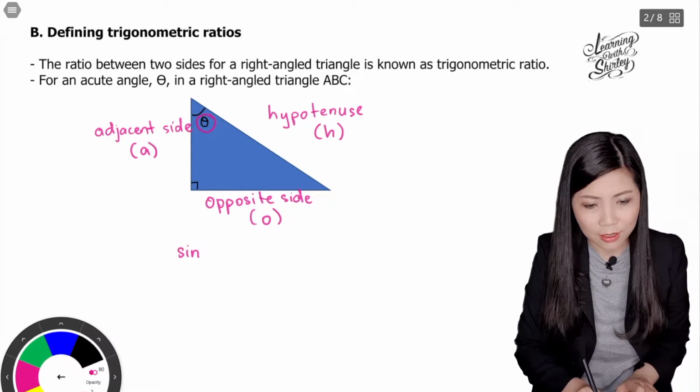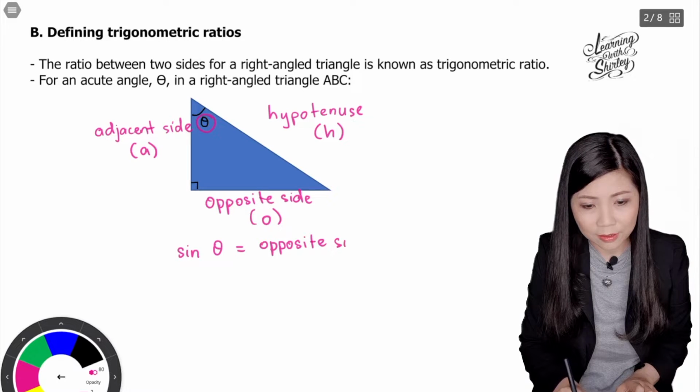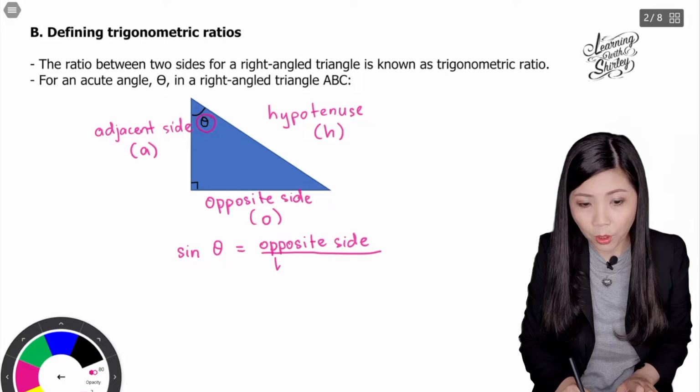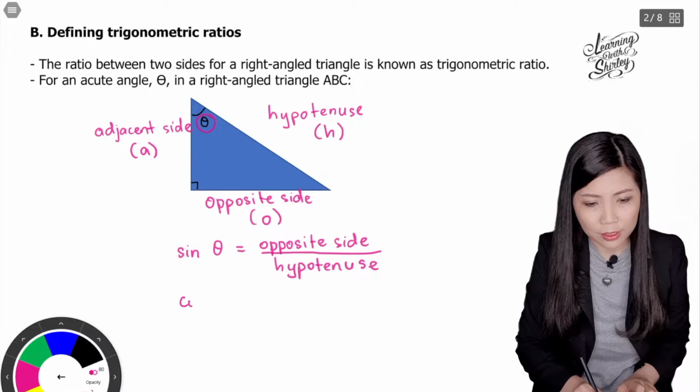So sine theta is equal to opposite side over hypotenuse. Okay, so next will be cos theta.